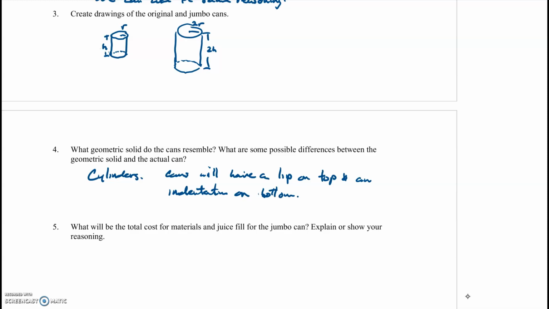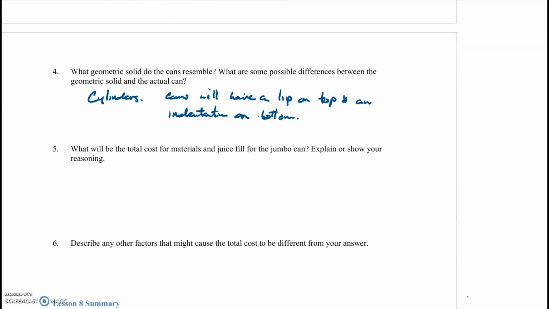Okay, last one. Well, next to the last one. What will be the total cost for materials and juice fill for the jumbo can? Explain or show your reasoning.